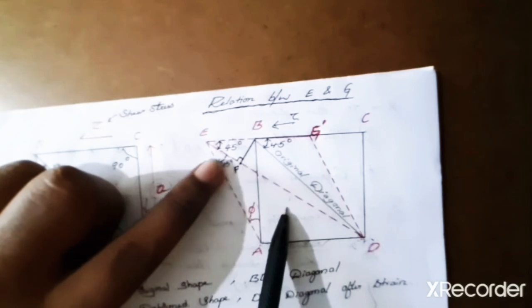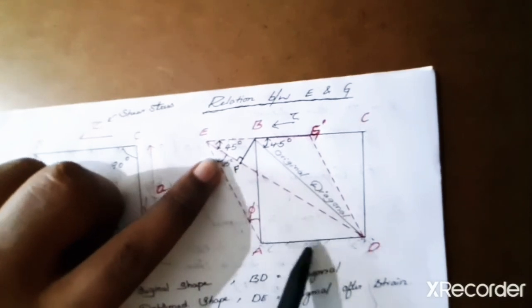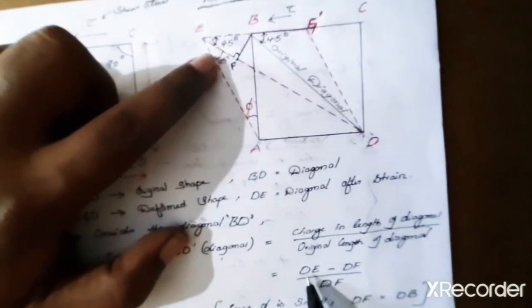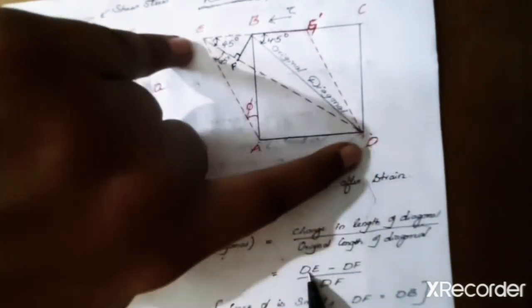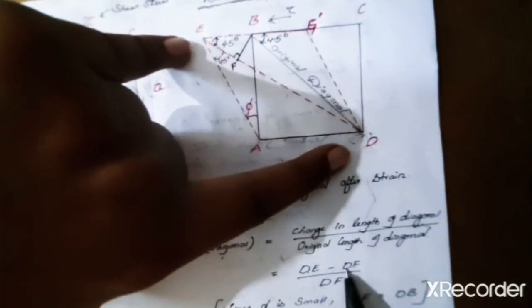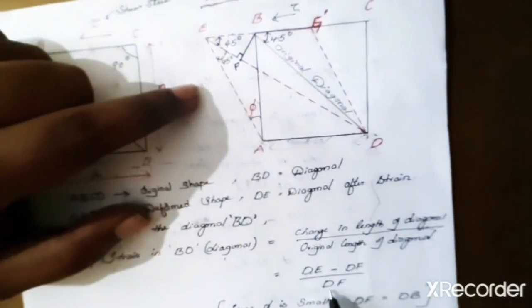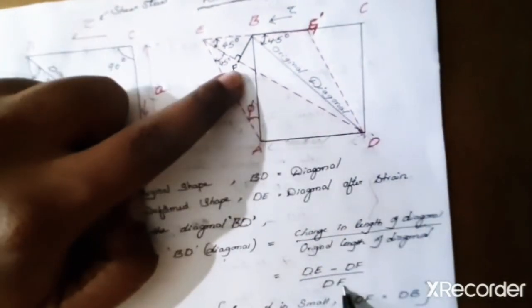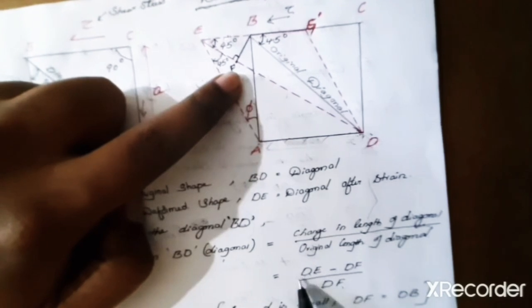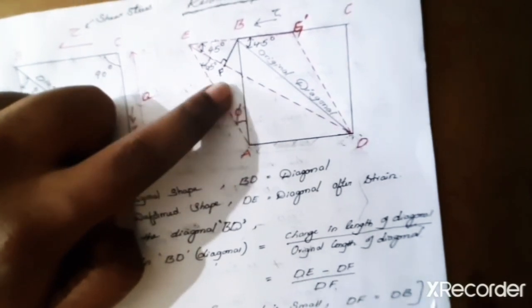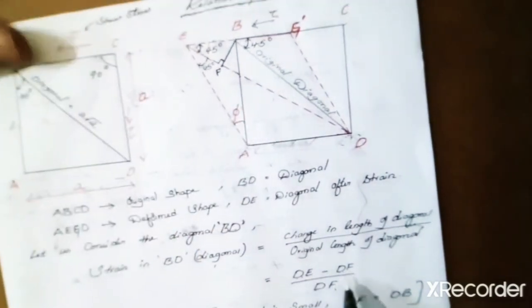So EF is nothing but the change in length of the diagonal. Therefore, in this equation, DE minus DF divided by DF, the original length. So final length minus original length gives the change in length, divided by original length.